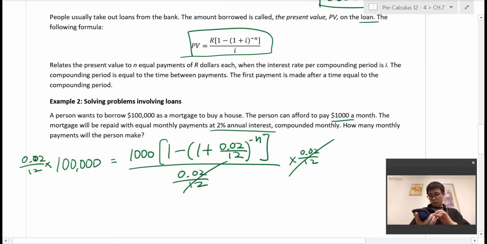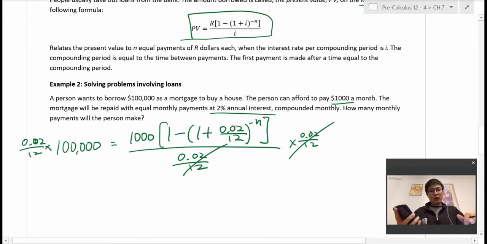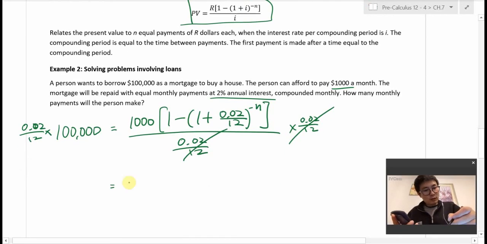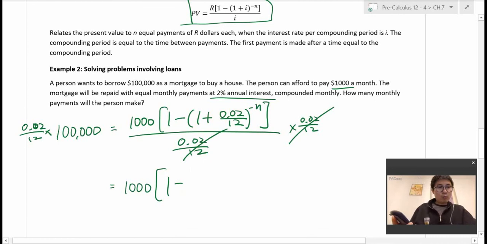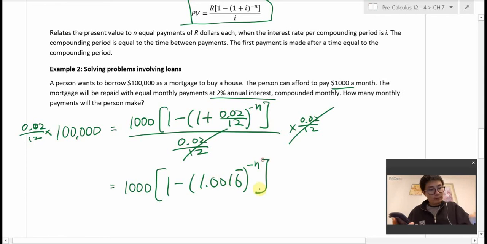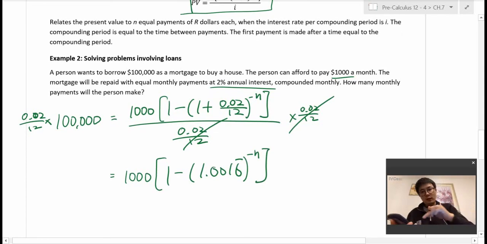So let's see, 0.02 divided by 12. I'm going to write this side first. 1 plus 0.02 over 12 is 1.0016 repeating to the power of negative n. And I'll take this times $100,000.